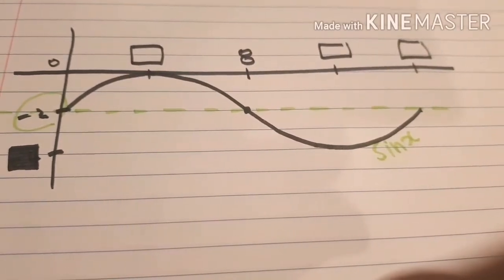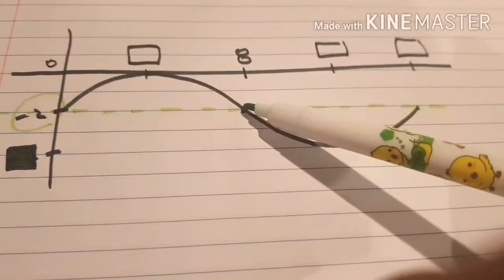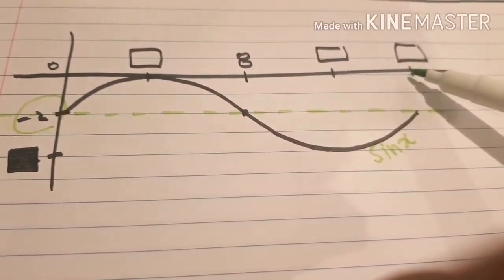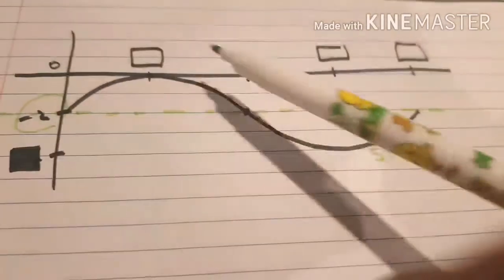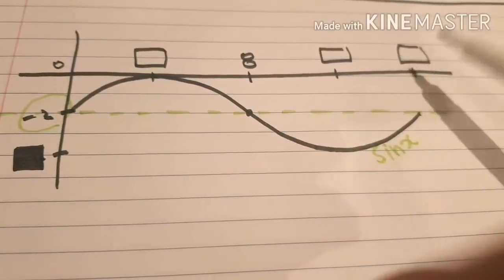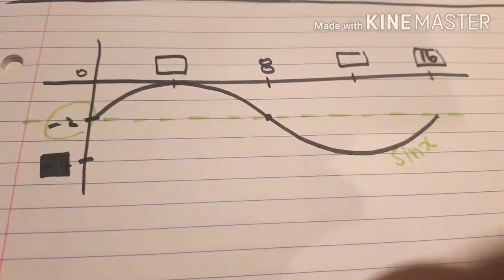Okay, tell me, if this is 8, what would be this value over here? Right, it's half of a cycle, so if you double 8, what is it? Yep, the period should be 16.